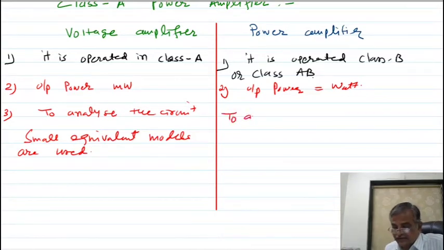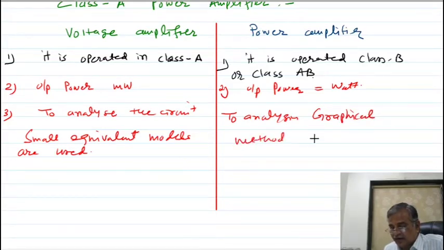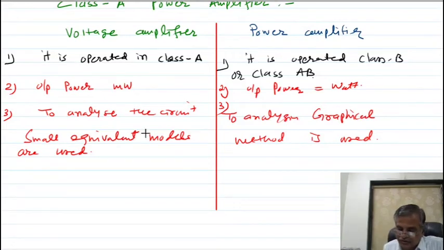Here to analyze the circuit, the graphical method is used for a power amplifier. So listen again. To analyze the voltage amplifier, small equivalent circuit models are used. Here, to analyze, the graphical method is used.